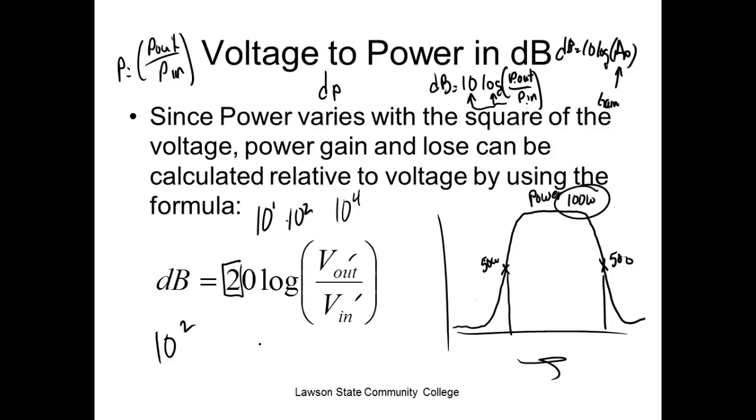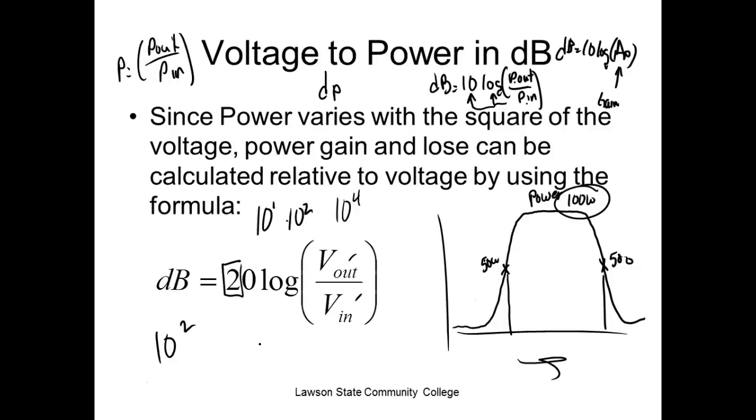You understand? Power varies with the square of the number, with the square of the voltage. So if I take my output voltage and square that, and my input voltage and square that, and I take that ratio, then I end up with the power gain. So I'm getting this much more power out, right? That's all we're doing. So we can figure the power gain of a system without measuring current.